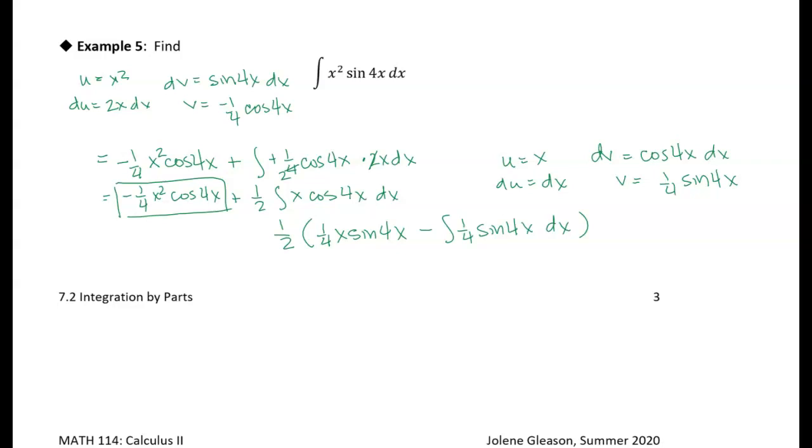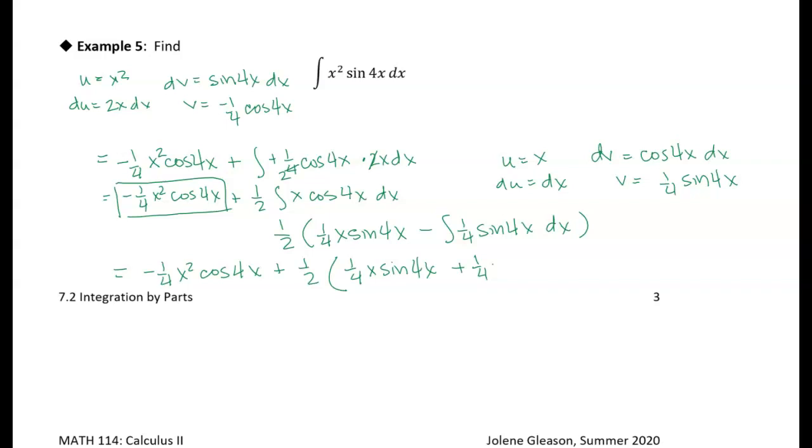So I'm going to put this all back together here. I get minus 1/4 x squared cosine of 4x, and then I have plus 1/2 times this whole quantity: 1/4 x sine of 4x, and then minus 1/4 times the integral of sine, which is minus cosine, so this becomes a positive.